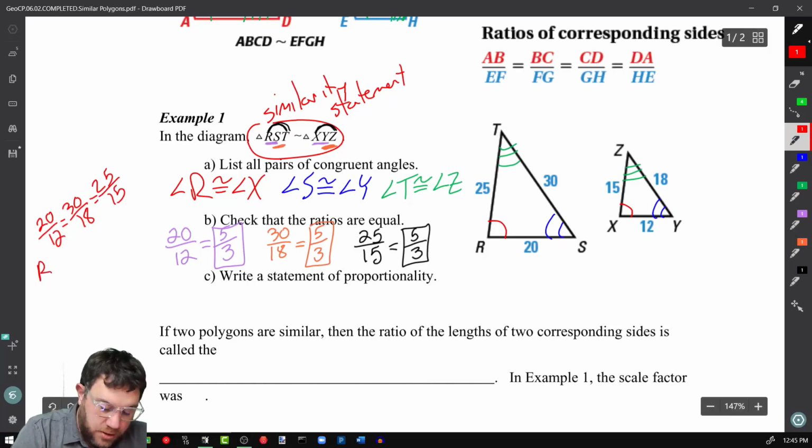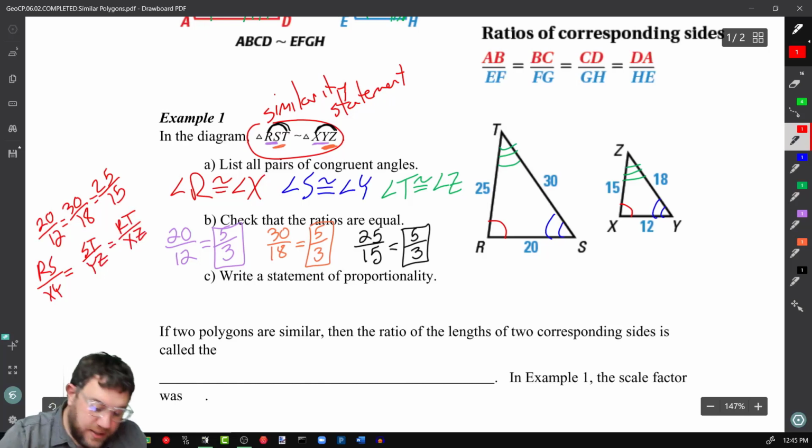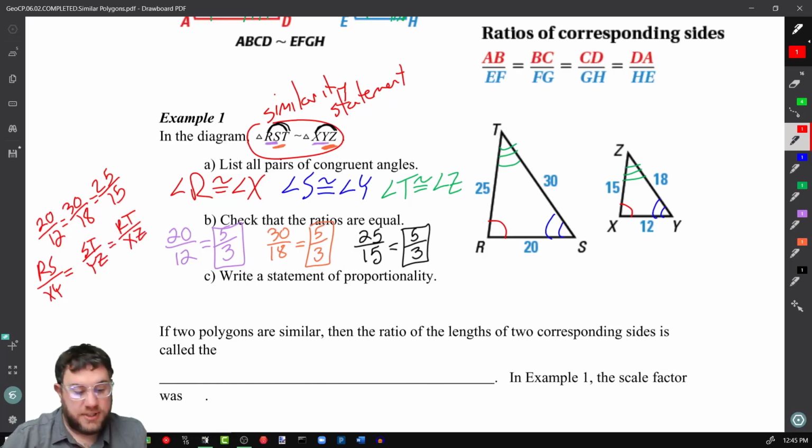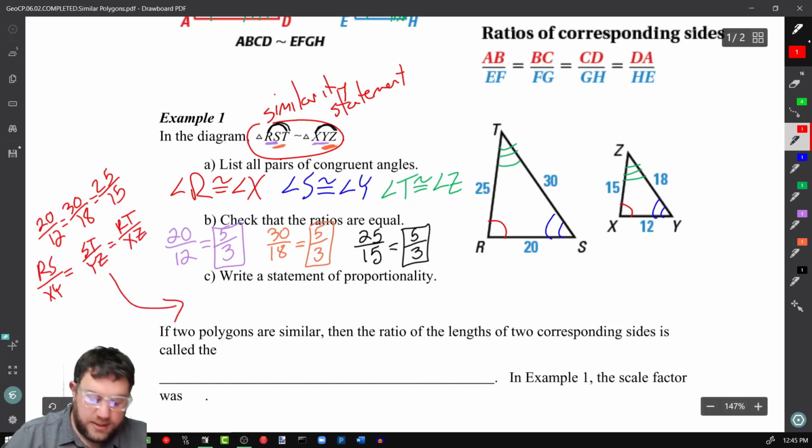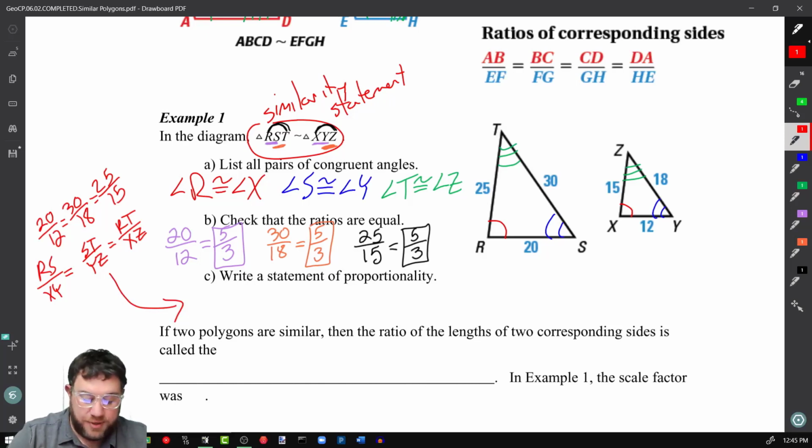We could also write it using the names of our sides. So that would be RS over XY equals ST over YZ equals RT over XZ. This is actually our next thing. The statement of proportionality, I'll rewrite it a little bit larger, is when we have the names of all of those sides set up as a proportion.